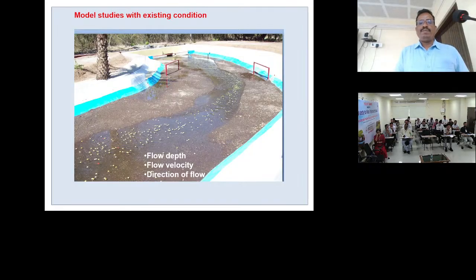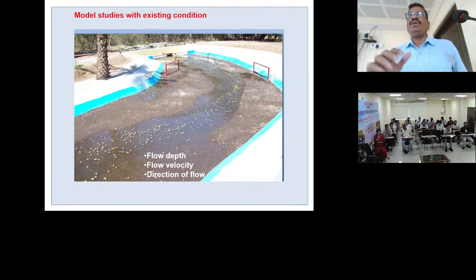This is the mobile bed model, and we are doing the studies in two stages. One is with the existing condition, before construction of the structure. So what are the conditions, what are the water levels, what are the velocities, and what are the hydraulic parameters before the construction of any structure. After that we conduct the studies with reproduction of the structure at that particular location.